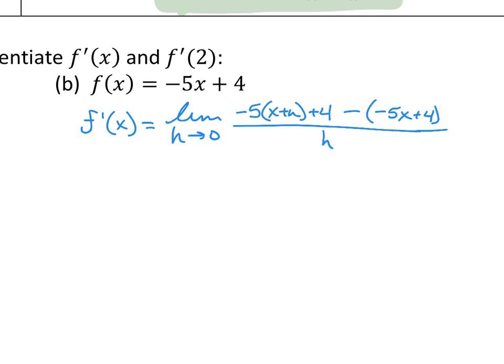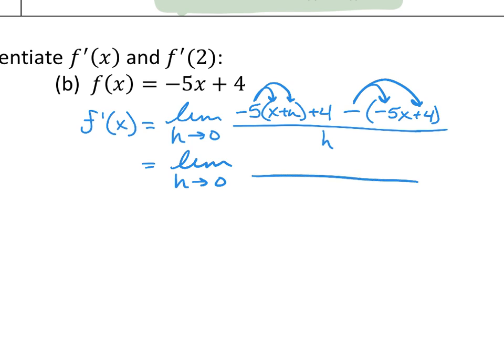Let's do some algebra. The algebra I see is I'm going to have to distribute this, and I'm going to have to distribute this. Cool. So we have the limit as h approaches 0. I have to keep writing that because I haven't taken the limit yet, of negative 5x minus 5h plus 4 plus 5x minus 4 all over h.